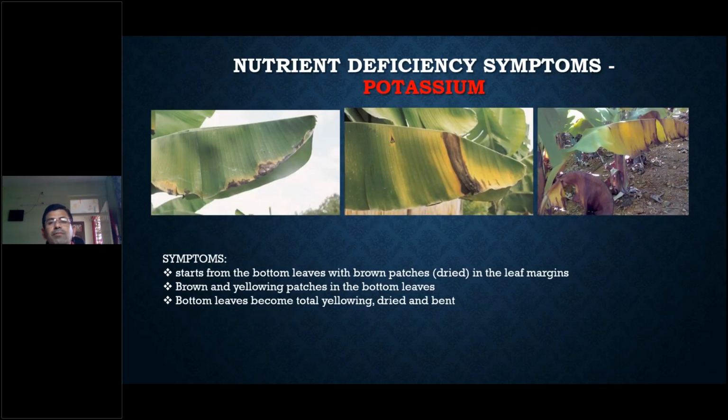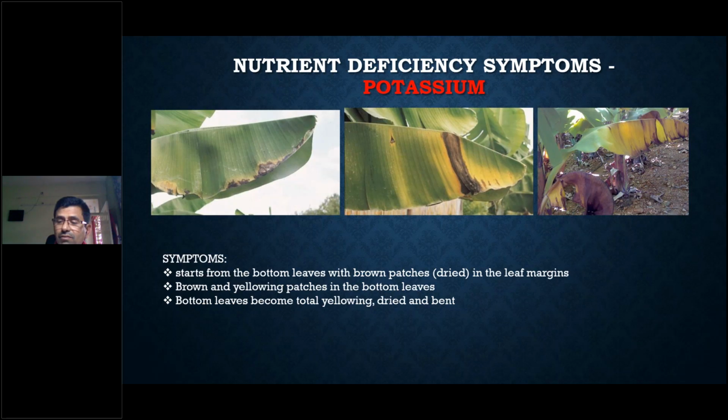Next is potassium. Among NPK, these three are the major nutrients. In that, for the banana crop, potassium is required in the maximum quantity. From planting to harvest, we tell the farmers 1 kg of muriate of potash is required at various stages.